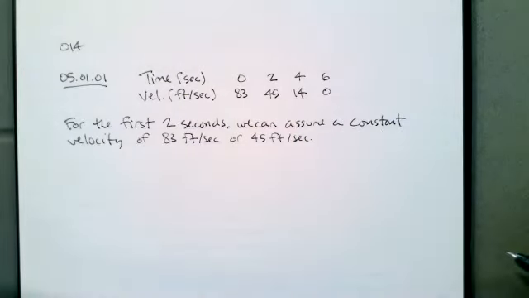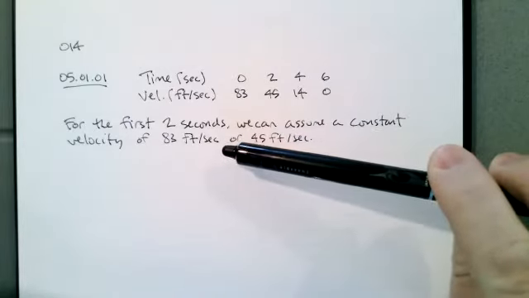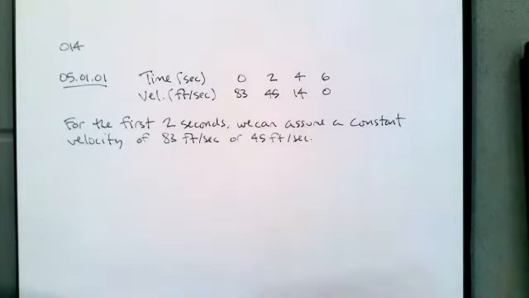This is just one technique. So we say, well, we started off this period of time going 83 feet per second. Let's just use that for that first 2 seconds. So if in the first 2 seconds we were going 83 feet per second, that means we went 166 feet, and that would be an overestimate.